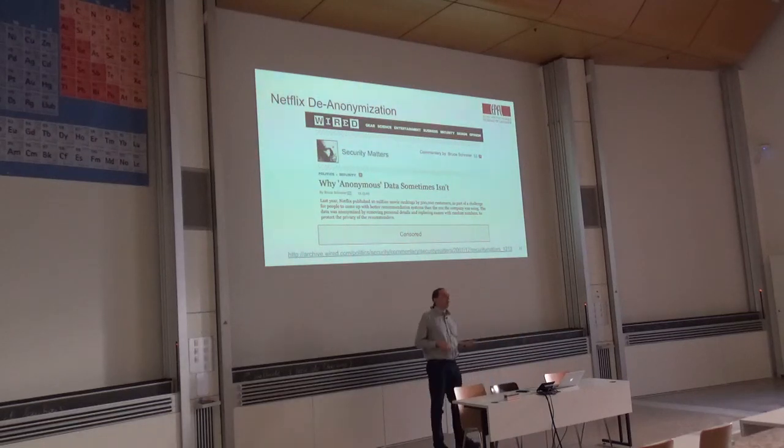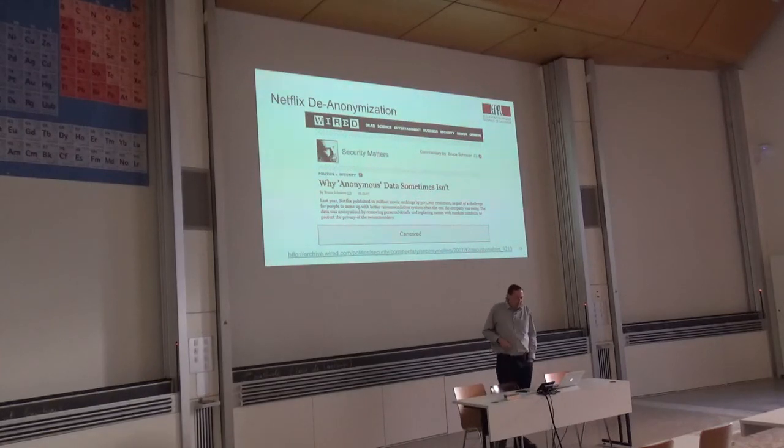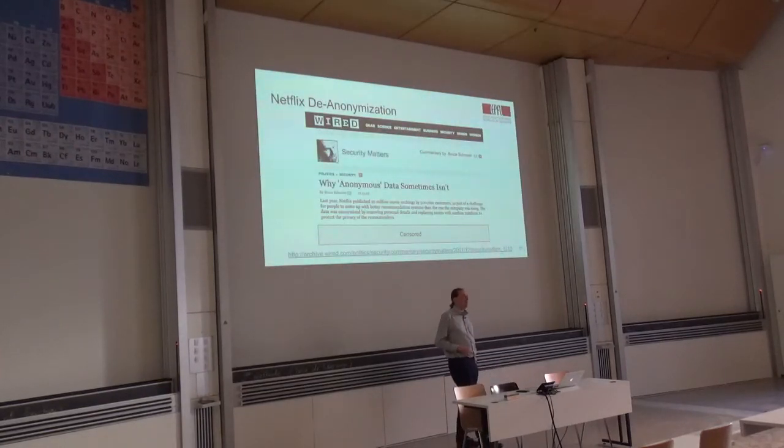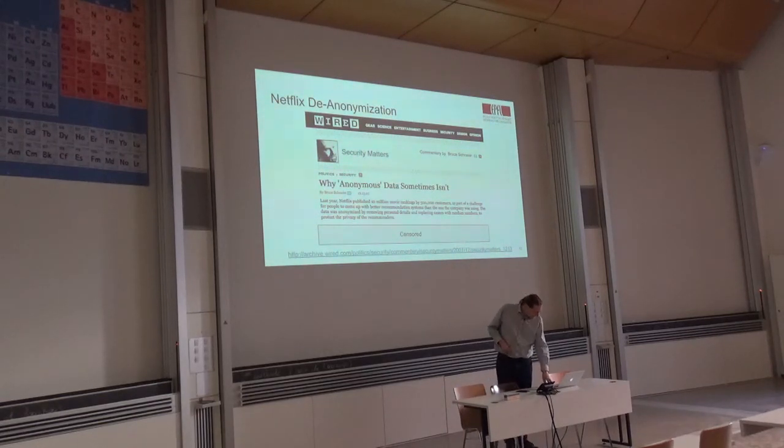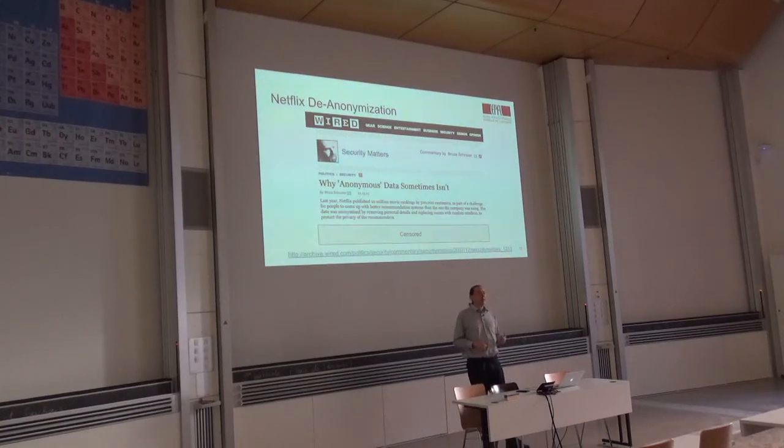So it was supposed to be anonymized, supposed to be, and it was just what random anonymous people had watched. At least up until this time, this was fairly common practice because it's really useful to a company like Netflix. They get good information.